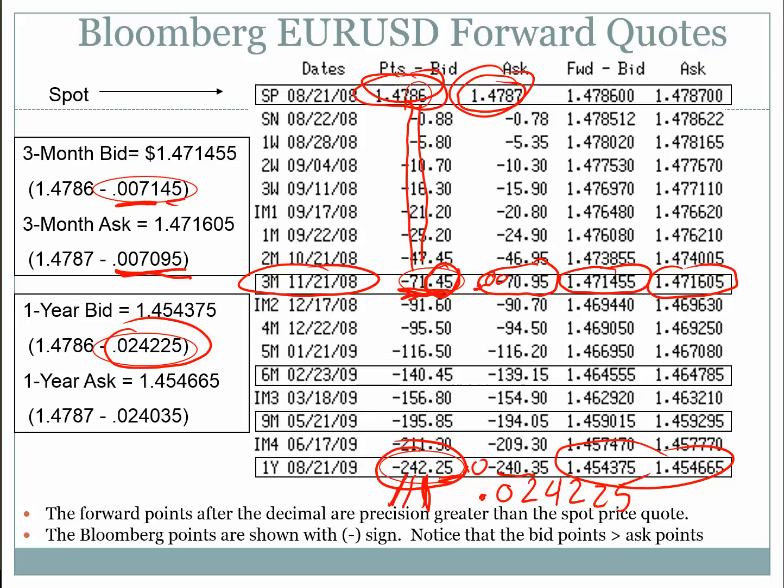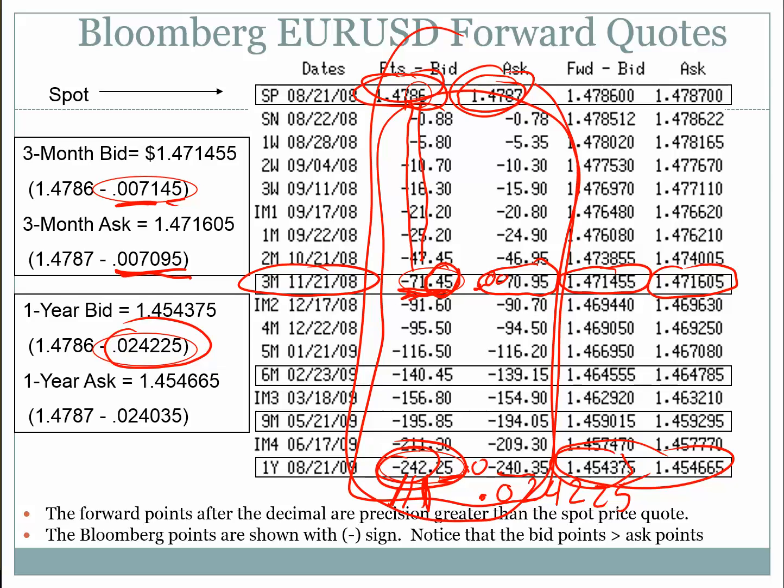All right, so that's how we quote forward prices, by telling you what to subtract or add to the spot market. Now, the advantage of doing it this way is, one, it's much faster to quote -242 than an outright quotation. And also visually, by just focusing on this column of the forward points to add or subtract, I can see exactly how the premium or the discount goes up over time.